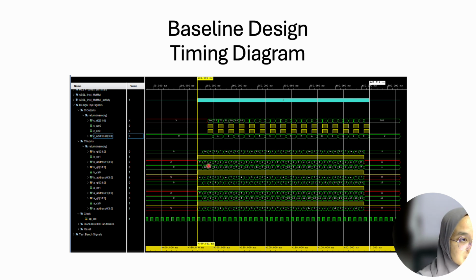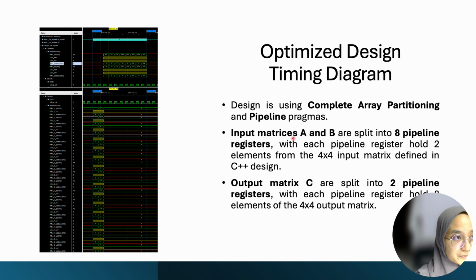As you can see, it's not really serial, because after one iteration, one clock cycle, another input of data comes in. It goes alternately between the input A matrix and input B matrix, and each clock cycle has the output for the C matrix. It took around 32 clock cycles to finish the whole operation of this 4x4 matrix. So this is the baseline design, and the optimized design achieves a better throughput and latency.